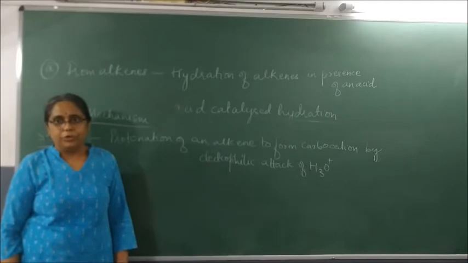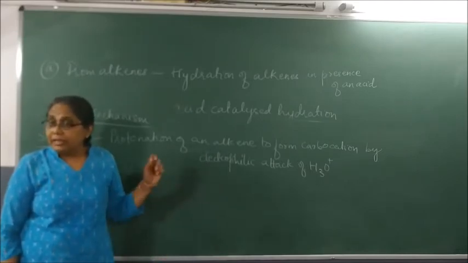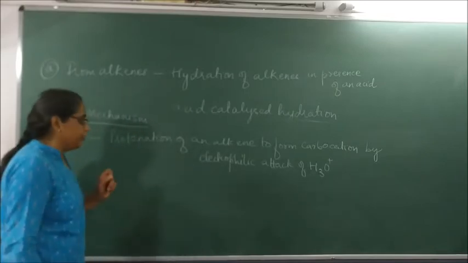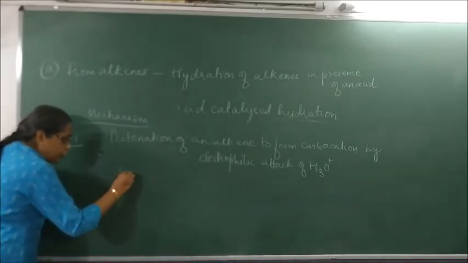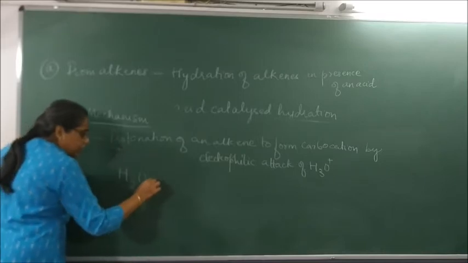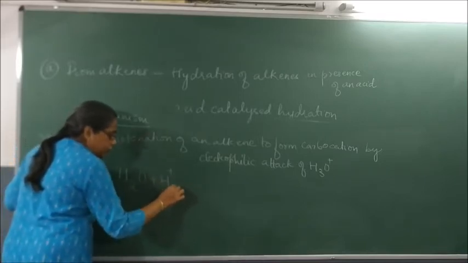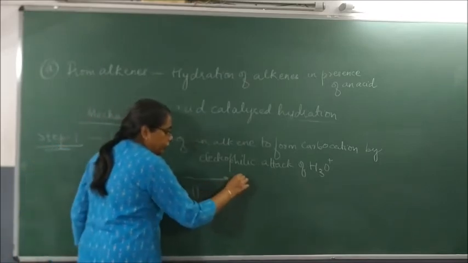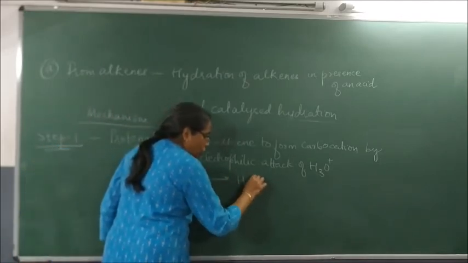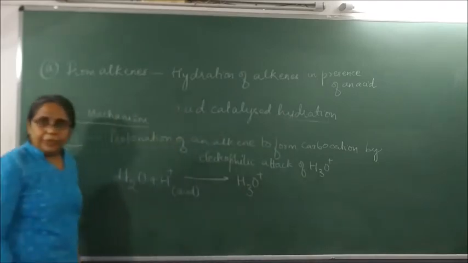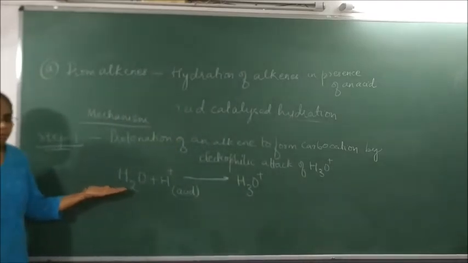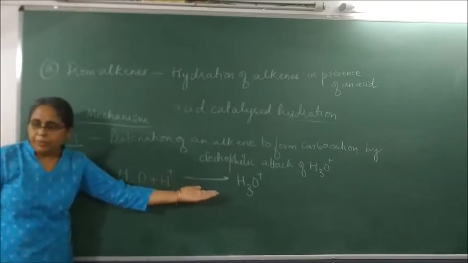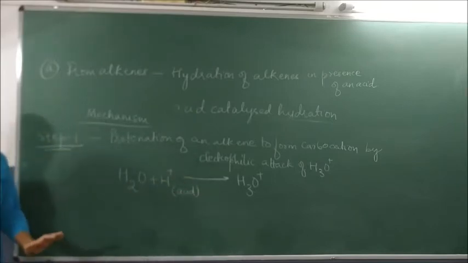So first thing, why is H plus required? Everywhere, wherever we wrote the equation, there is H plus. We said it is an acid catalyzed reaction. So first step, H2O reacts with H plus, from the acid, to generate an electrophile, H3O plus. H2O reacts with H plus to form hydronium ion, H3O plus.